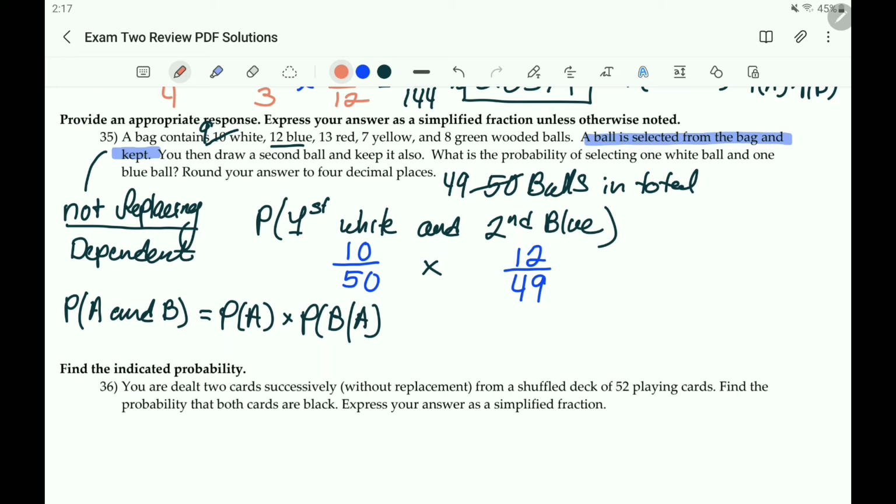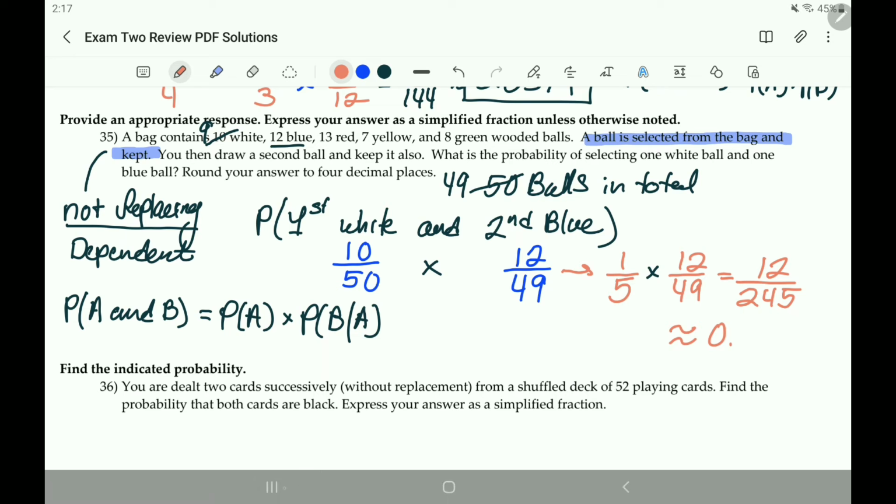Reduce the fractions if you can. 10 over 50 reduces to 1/5. 12 over 49 cannot be reduced, so you leave it as 12 over 49. When you multiply this, you're going to get 12 on top. On the bottom, you're going to get 245. Divide that, and let's get 4 numbers after the decimal.